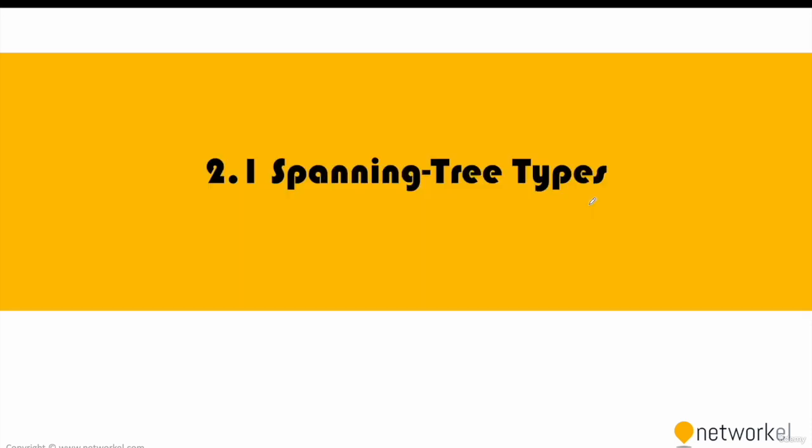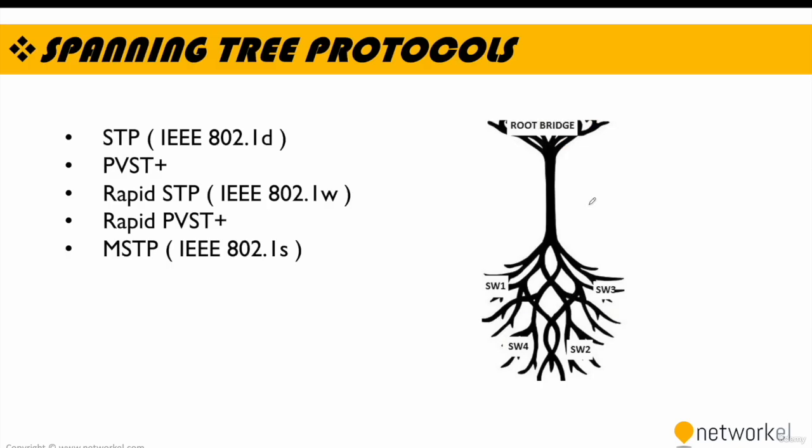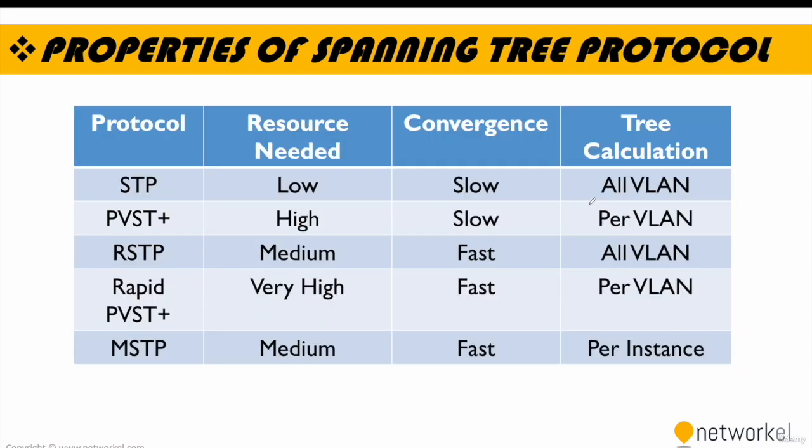So let's continue with the types of the spanning tree protocol. There are five types of the spanning tree protocol. They are STP, PVST+, Rapid STP, Rapid PVST+, and MSTP. When it comes to the properties of these different spanning tree protocols, you can see the resources needed, which means running the STP protocol will consume some of the CPU and memory of the switches.